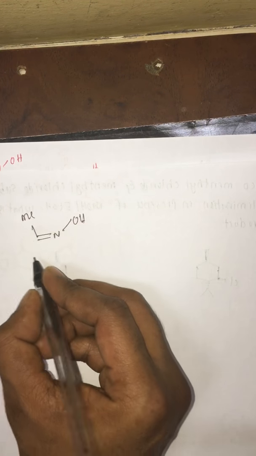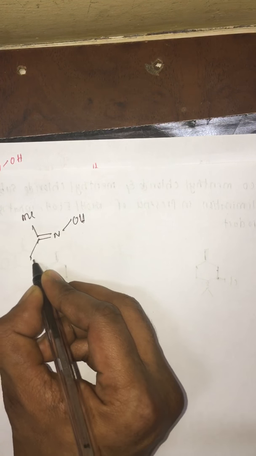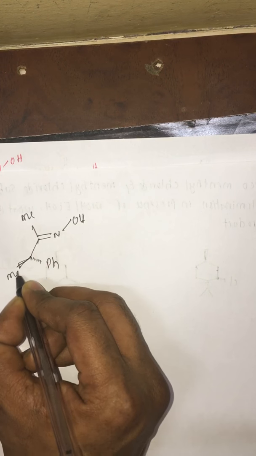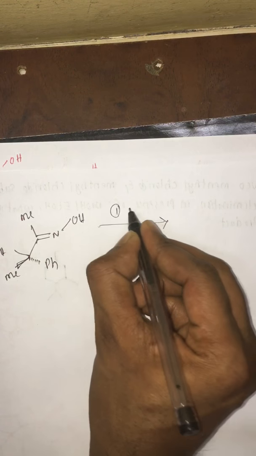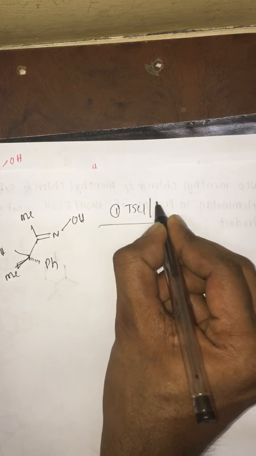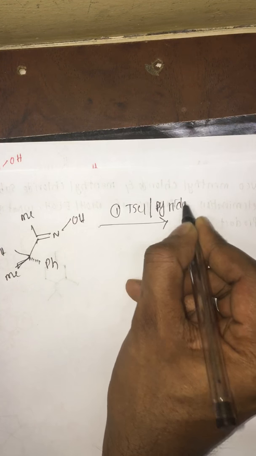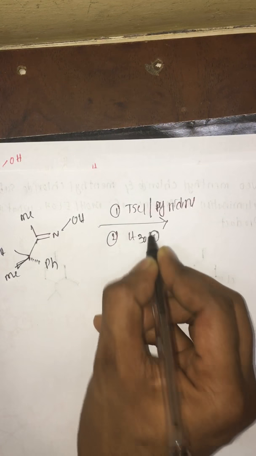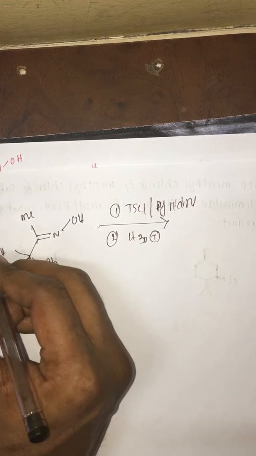Methyl, pH, methyl and hydrogen. In the first step, tosyl chloride and pyridine is there. In the second step, water molecule is there. This question was asked in GATE 2013.